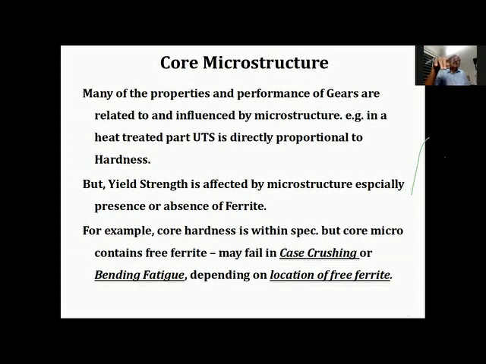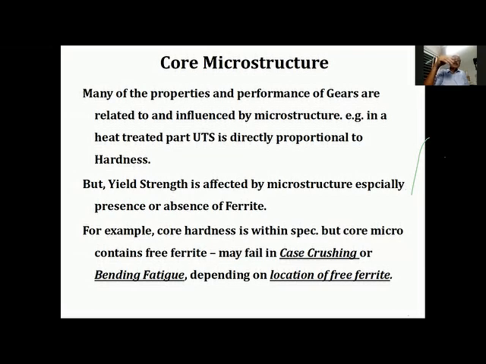But yield strength, which in a properly hardened structure will have a relationship with the UTS, the moment you get improper microstructure like presence of ferrite, either blocky ferrite or even distributed ferrite to a greater extent, that will reduce the yield strength.